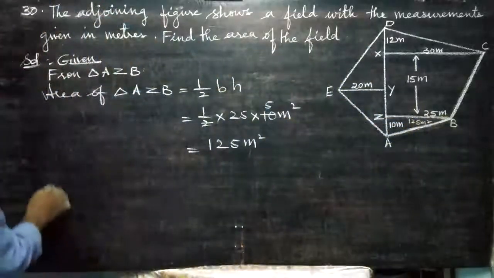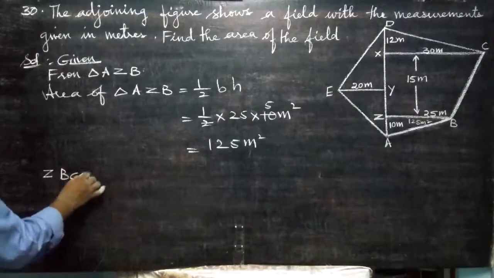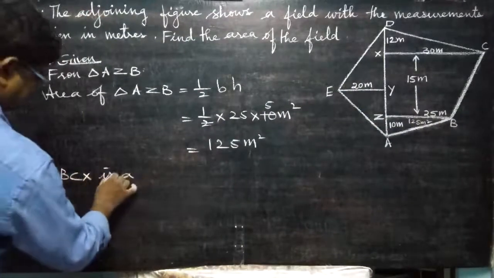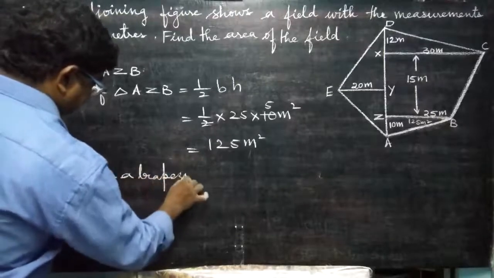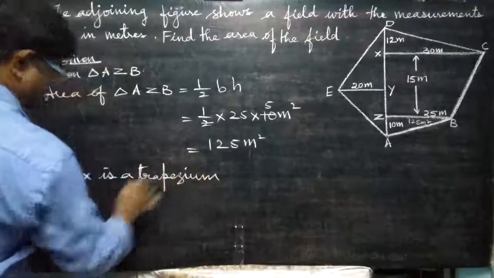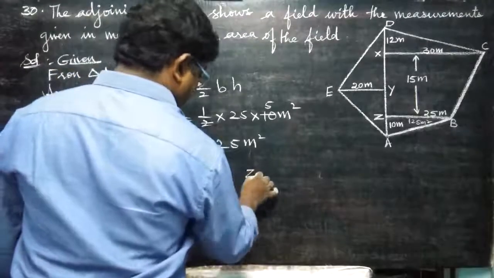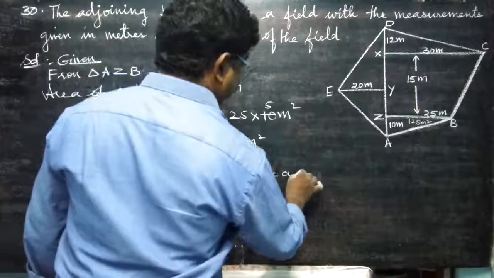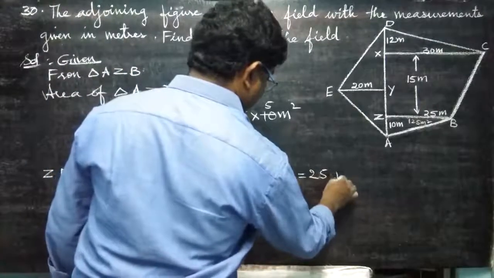Next, ZBCX is a trapezium. Now, in this trapezium, ZB we will think as A, that is equal to 25 meters.